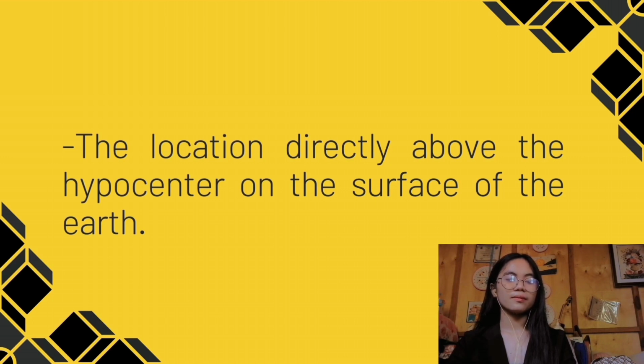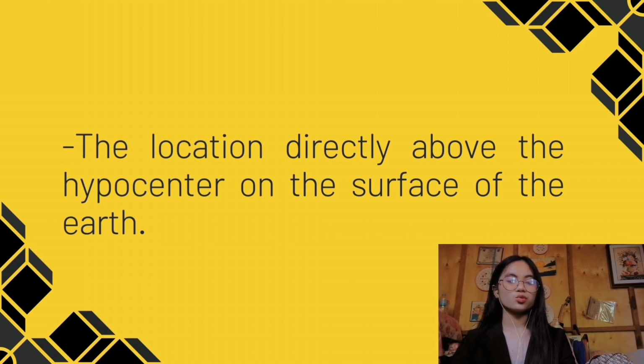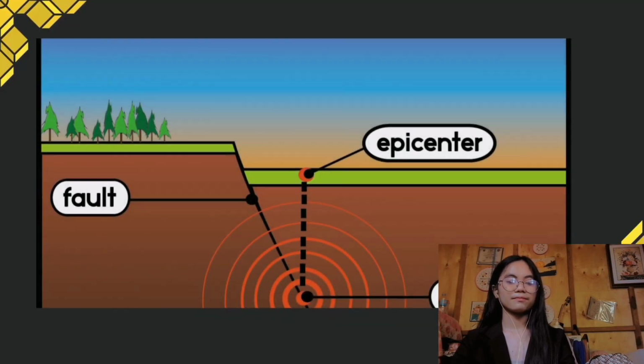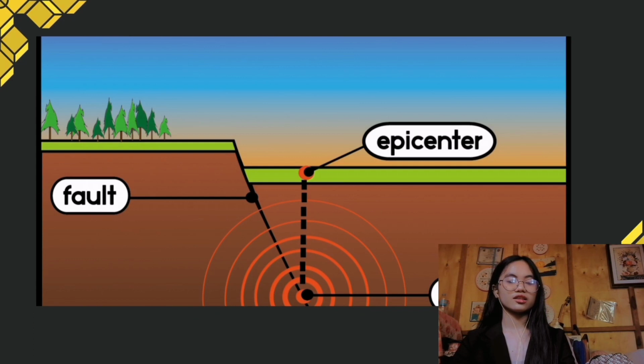Deriving from Greek by way of Latin, the prefix epi means upon or over, among other things. So it makes sense that the epicenter sits above the site where the activity of the earthquake takes place. Simply put, the epicenter refers to the Earth's surface directly above the focus of an earthquake.